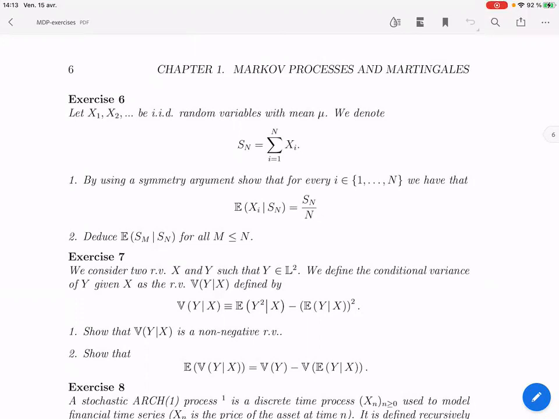We denote by Sn the sum of the xi from i equal 1 to n. And it is written that by using a symmetry argument, show that for every i, the conditional expectation of xi given Sn is equal to Sn divided by n. So, let us prove that.